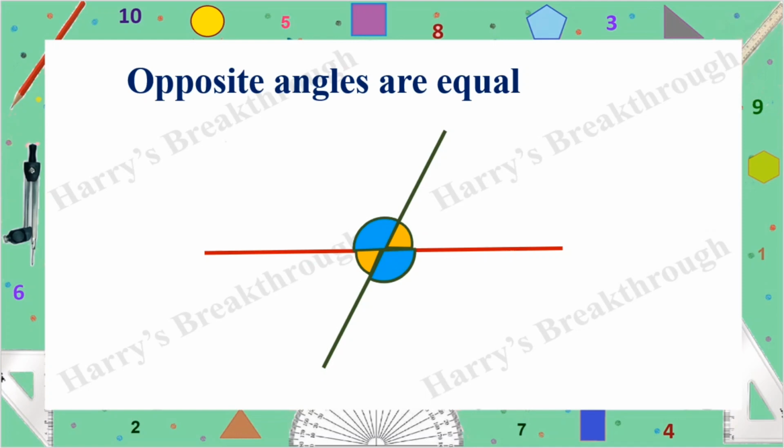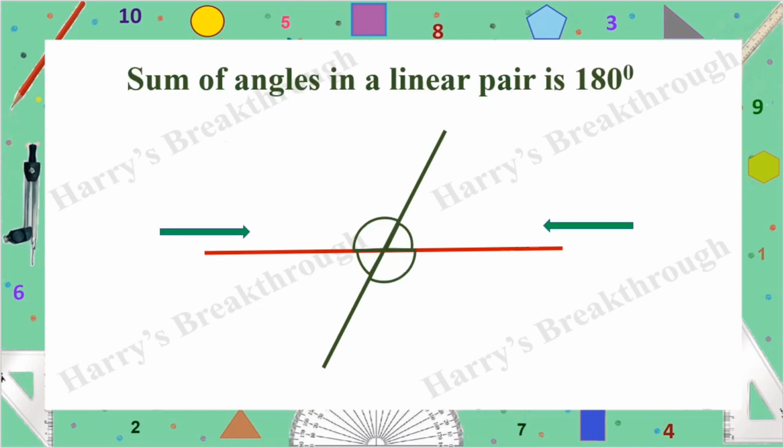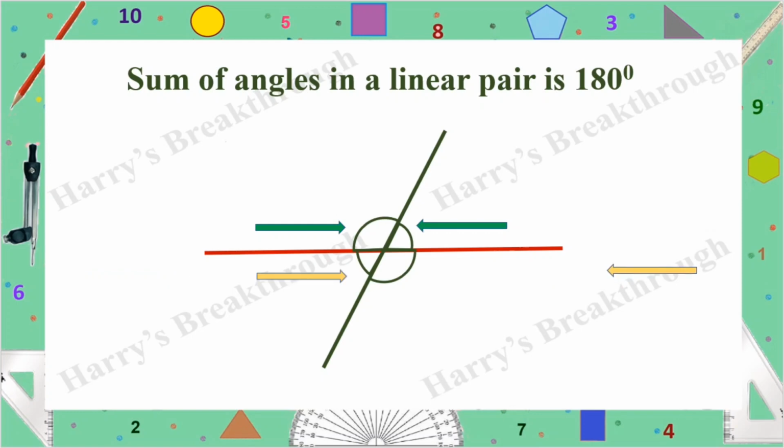And you studied that the sum of angles in a linear pair is 180 degrees. That means the sum of these two angles is 180 degrees. Also, the sum of the other two angles below this horizontal line is 180 degrees. By using these two facts, we can find the other 3 angles.